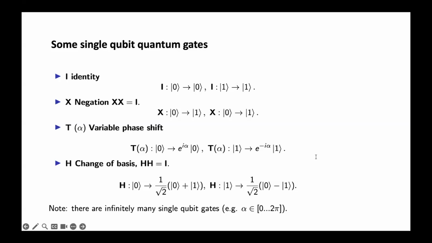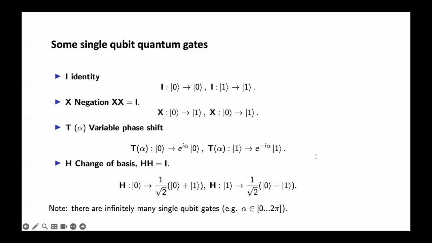The most interesting and sexy one written here is probably the variable phase shift, which is denoted by T of alpha. And this gate, when it is applied to the quantum state 0, creates a phase shift indicated by this quantity and this quantity here.